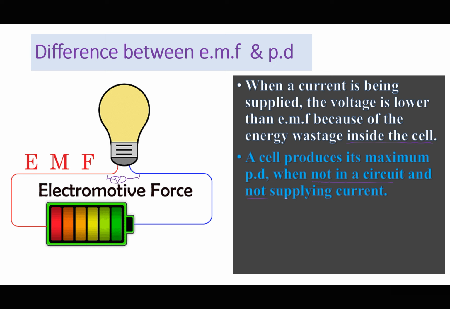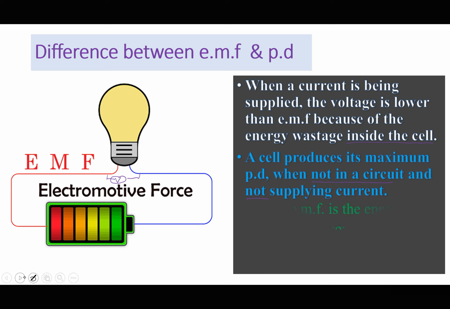That is a very important point you should always consider. Whenever the cell is not supplying a current, the PD across the cell is the same as the EMF and it is maximum. When it is supplying the current, the PD across the cell is the same as the voltage. It is actually the terminal PD, which is going to be less than the EMF of the cell.